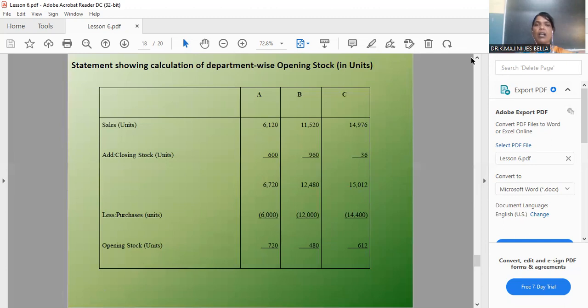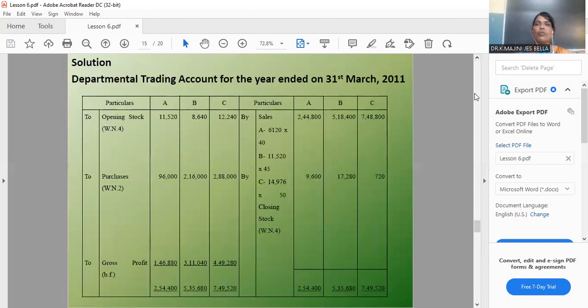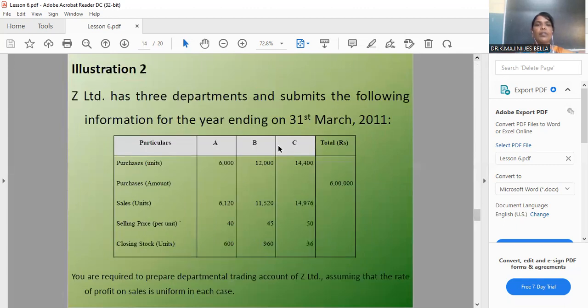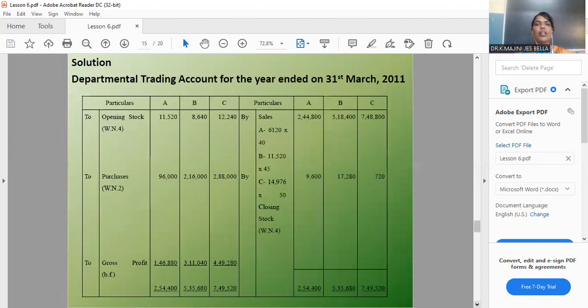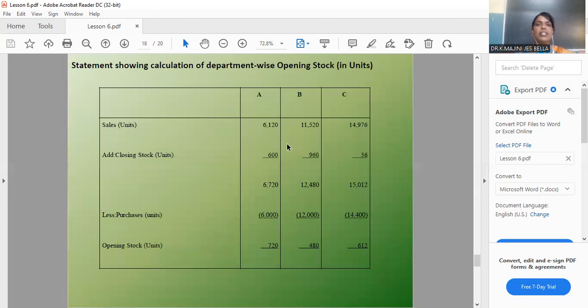Add closing stock. How much is the closing stock? See the question: 600 units for Department A, 960 units for Department B, then 36 units for Department C. Just total it.